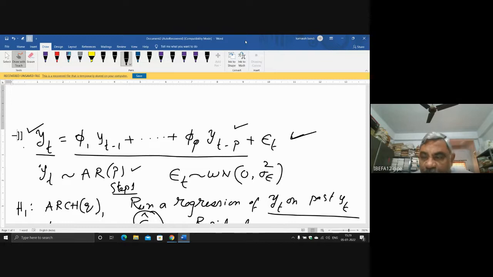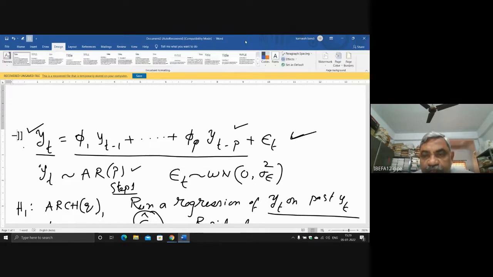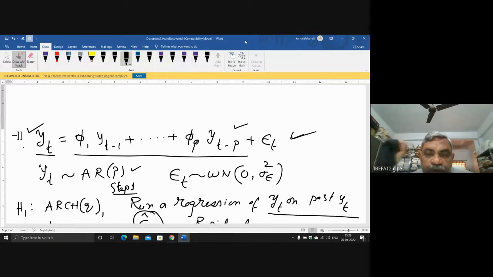Once you start experimenting, you will learn. The basic thing is that in step 1, P is the form of the regression for extracting the residuals. In the second, you firm it up to Q. First set it at a slightly higher level, then come down if some of the coefficients are insignificant.